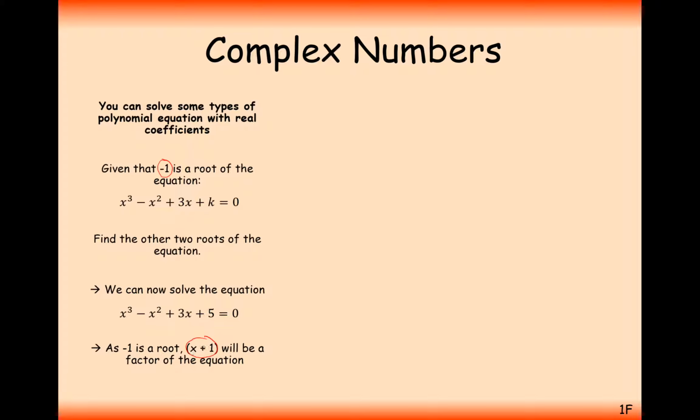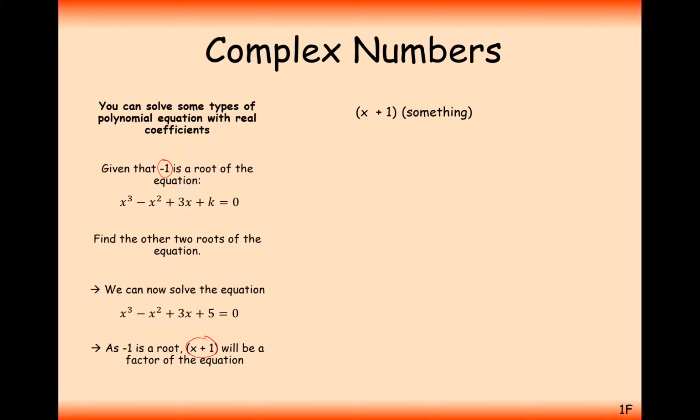Well, it's because when you solve a quadratic or a cubic, when you've got a bracket of x plus 1, minus 1 is the solution when that polynomial equals 0. So the negative of this root goes inside the bracket here. So it's x plus 1 that is going to be a factor of this polynomial here. You'll see a lot of this appear in A-Level Maths if you've got up to this topic yet.